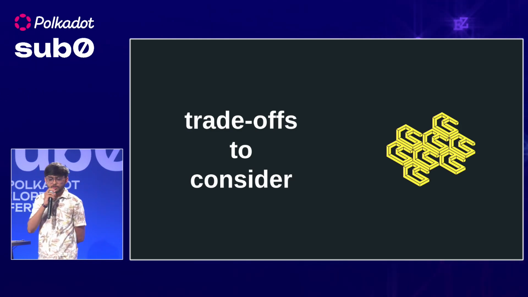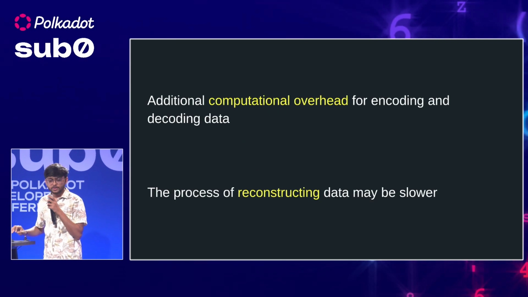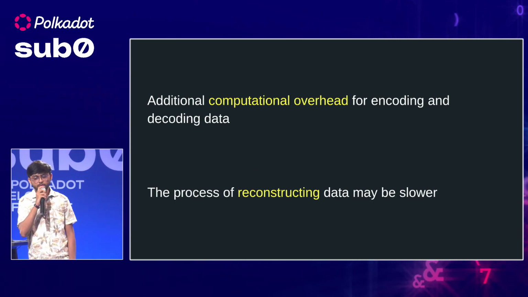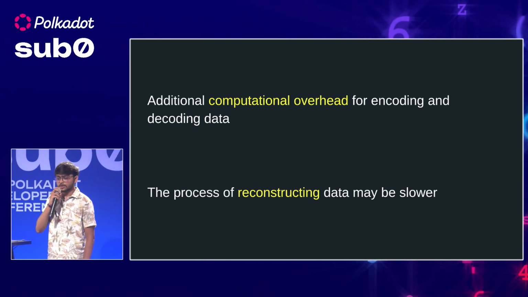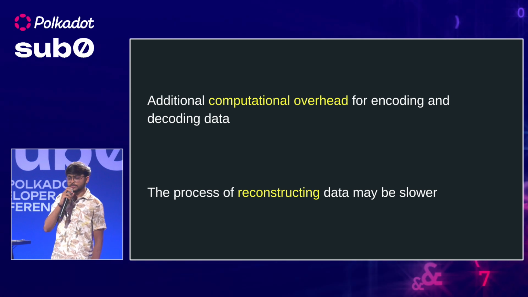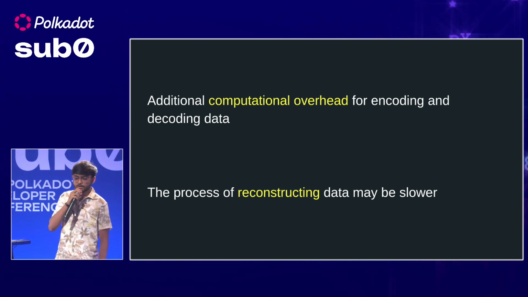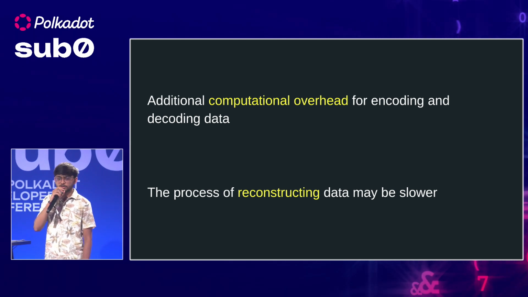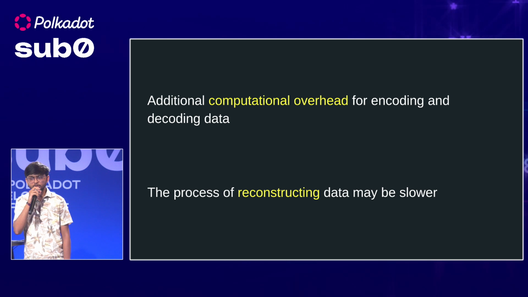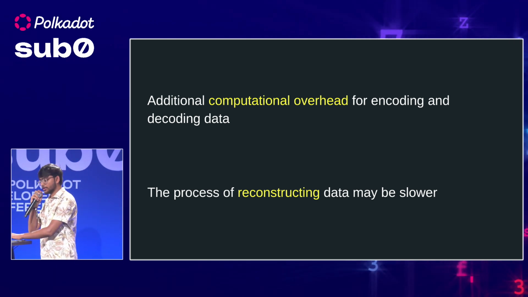There are also some trade-offs to consider. Erasure coding involves additional computational overhead for encoding and decoding the data, which can impact system performance. Additionally, the process of reconstructing the data may be slower because of this additional overhead of encoding and decoding the data.